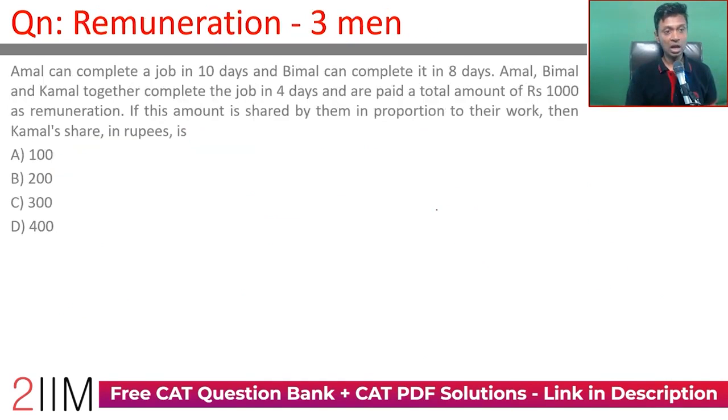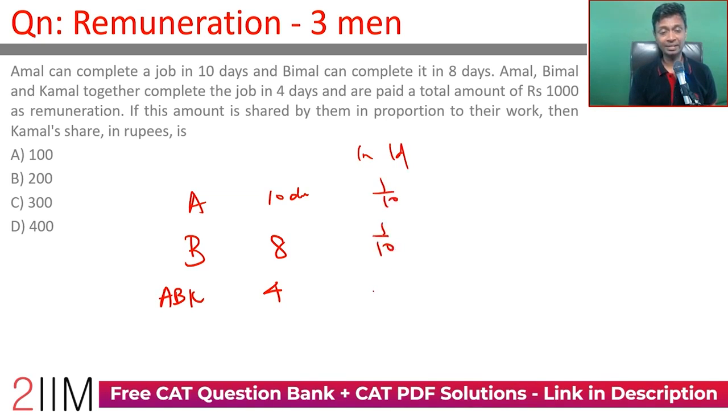Done. Amal can complete a job in 10 days. A, 10 days. Bimal can complete it in 8 days. Amal, Bimal and Kamal complete the job in 4 days. In 1 day, Amal can do 1/10, Bimal can do 1/8. Totally, they can do 1/4.